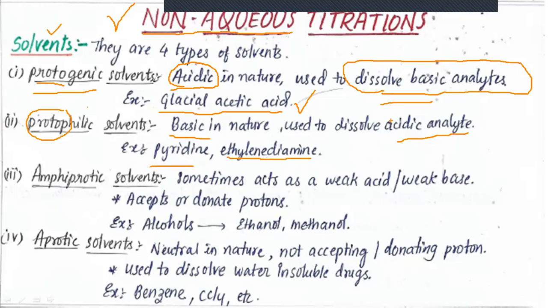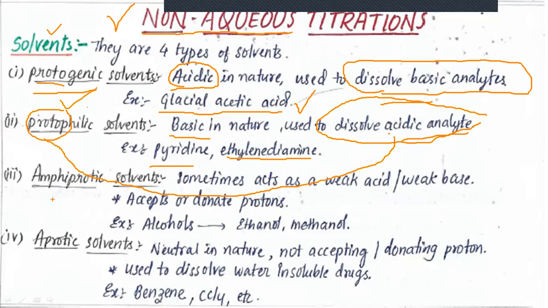So that's why they will be useful for dissolving acidic analytes. Acidic analytes will be releasing H plus ions, and these H plus ions will be accepted by protophilic solvents, right? So these are the examples of protophilic solvents, pyridine and ethylene diamine.